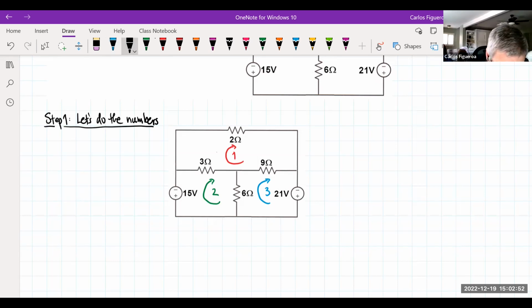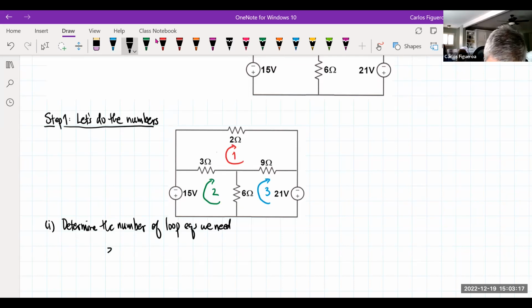So in order to calculate the 3 quantities that I want, I need to determine the number of loop equations we need.